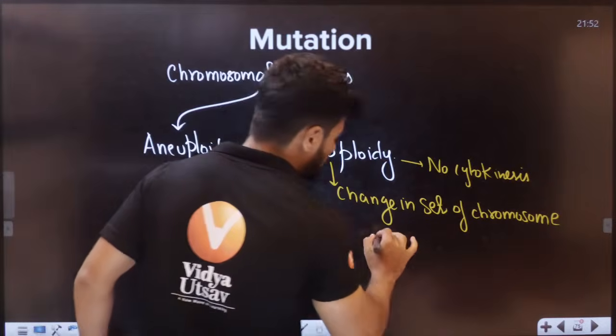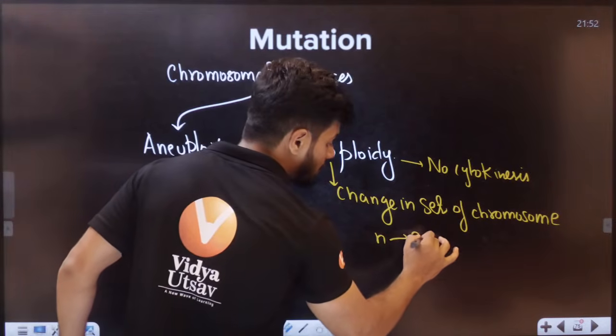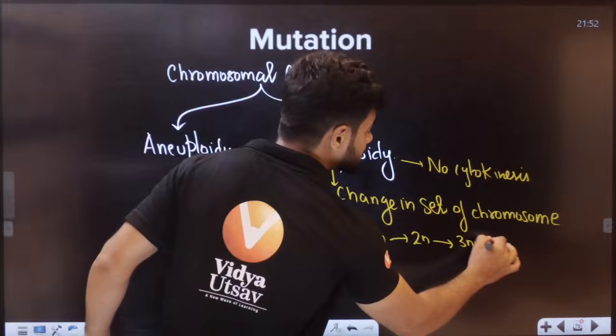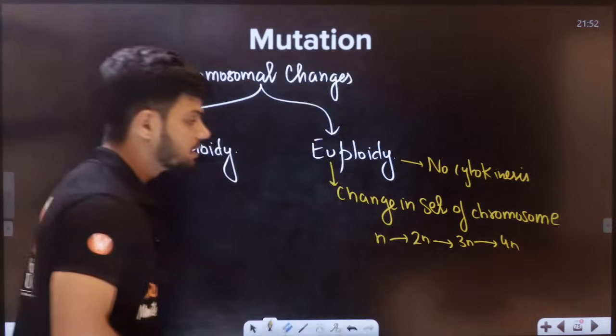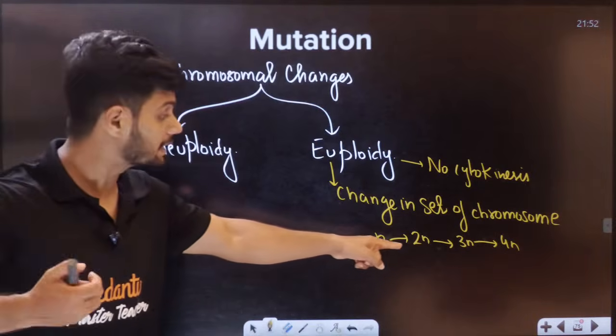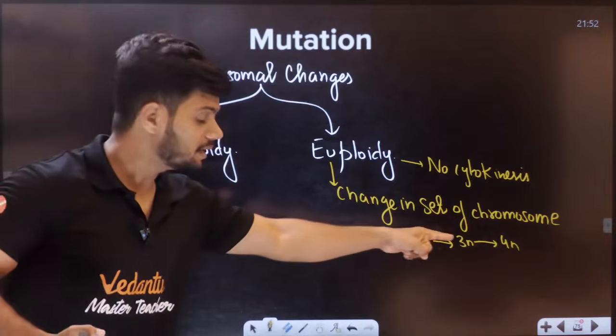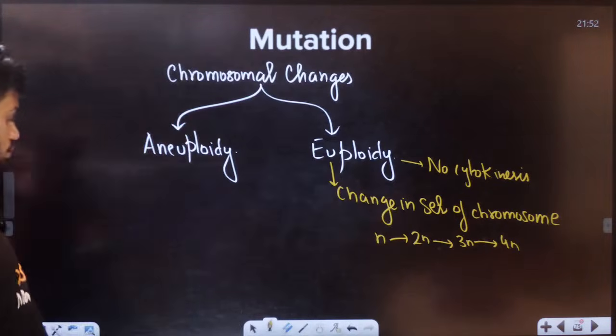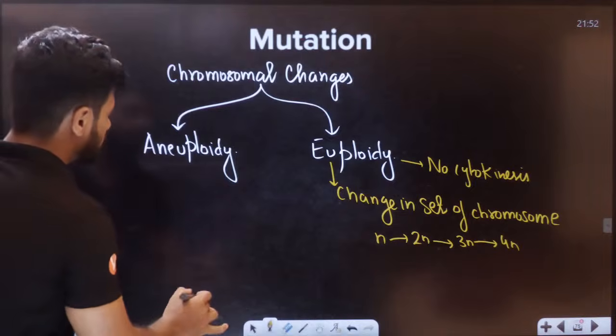Let's say we had n becomes 2n, 2n becomes 3n, 3n becomes 4n. That is, a multi-nucleate condition can be seen here. The change in the entire set, that is called euploidy.